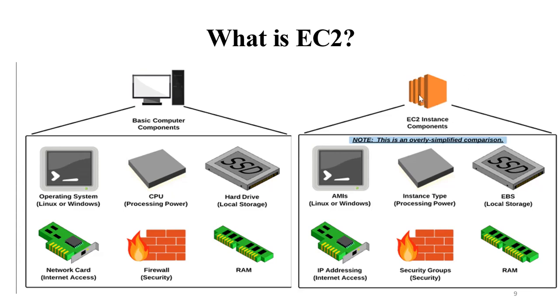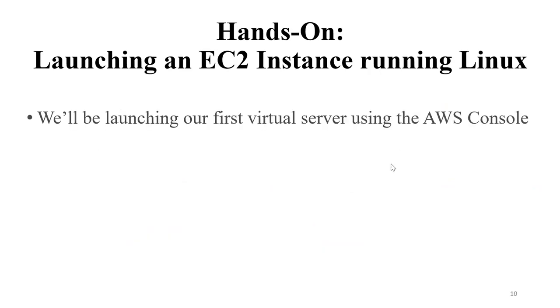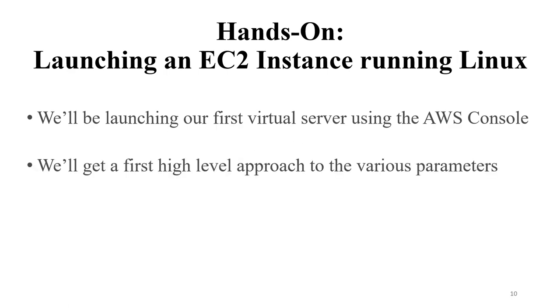These are all the main inputs whenever we create a virtual machine in AWS. Let me show these main inputs while launching the EC2 instance. I'm going to launch an EC2 instance running a Linux operating system, or you can work with Windows also, no issues. We'll launch our first virtual server using the AWS console and get a high level approach to the various parameters.